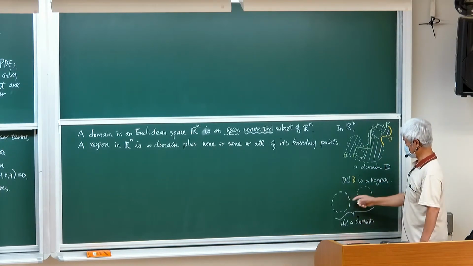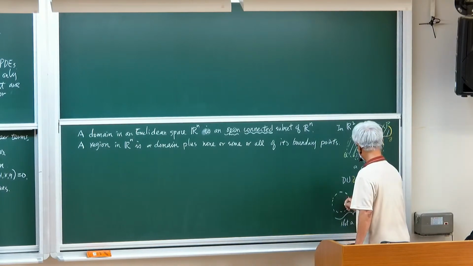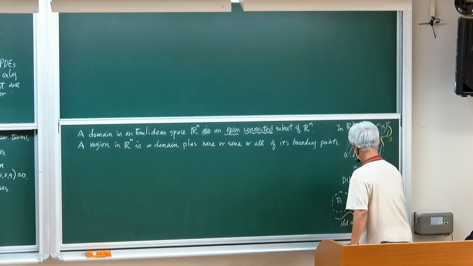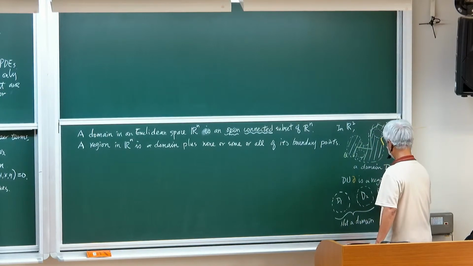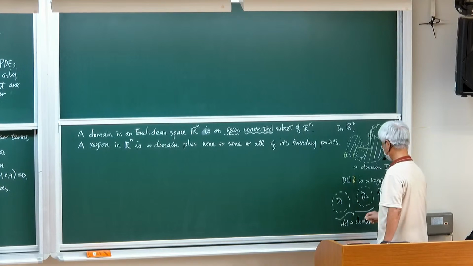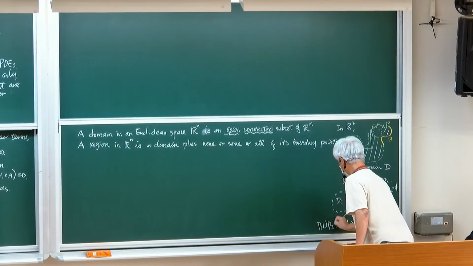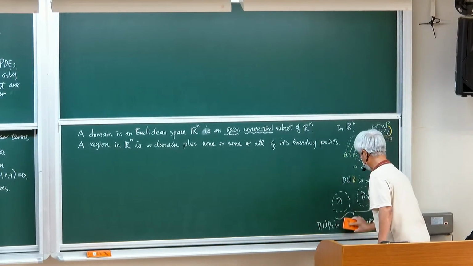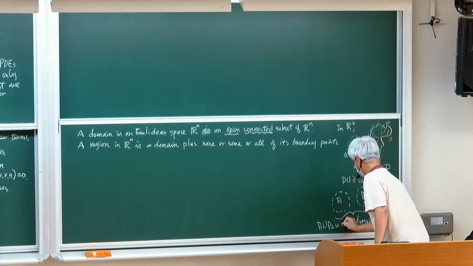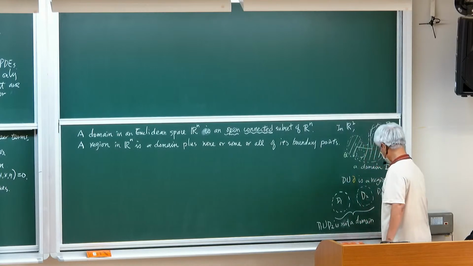So maybe you have D1 here, D2 here, D1 intersect D2 is the empty set. Then D1 union D2 is not a domain, because it is not connected.